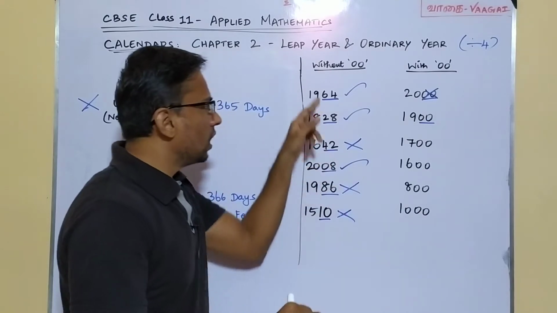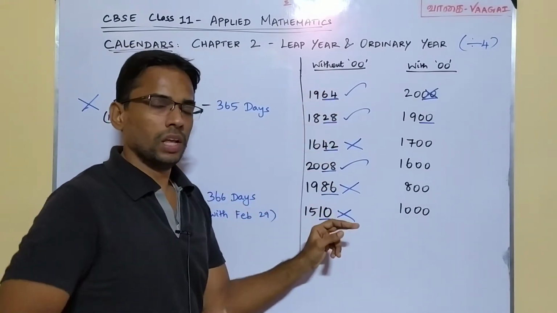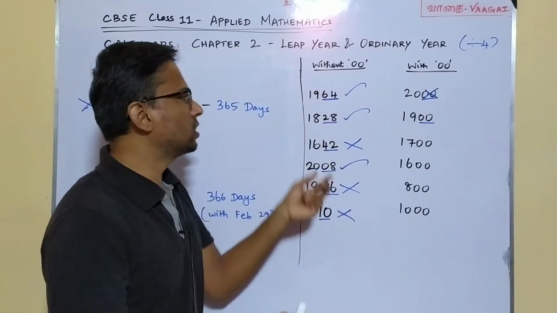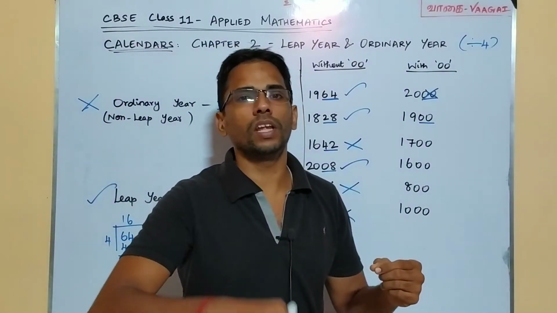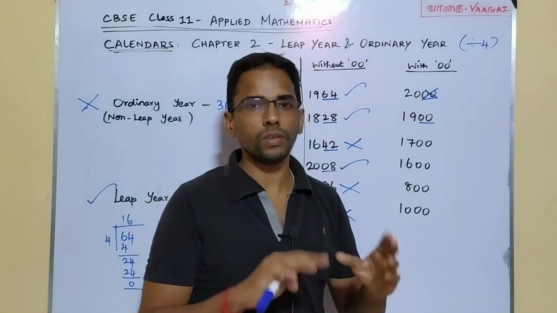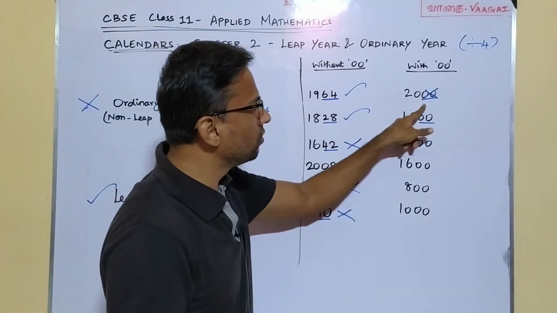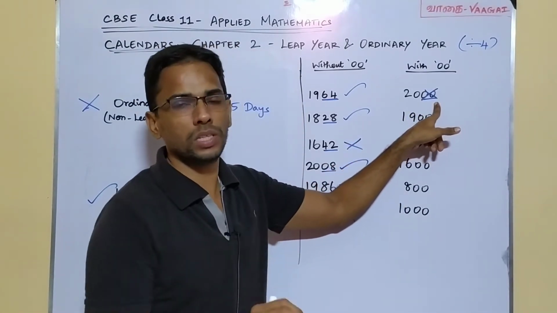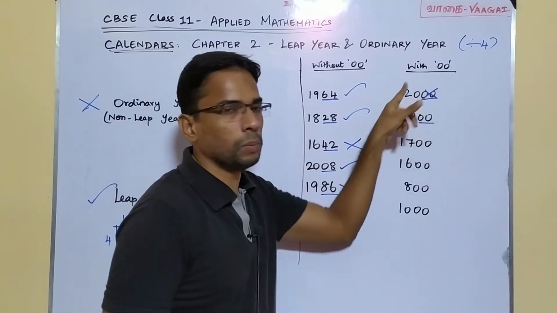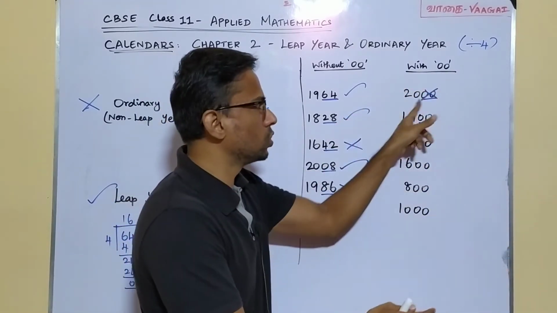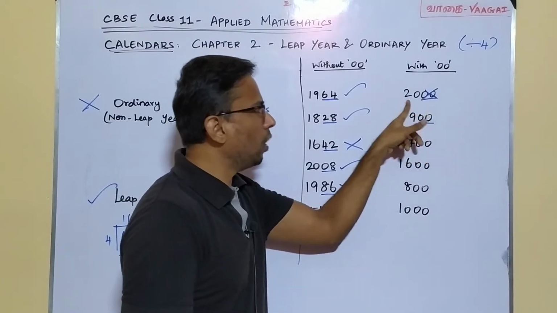If your year is not ending with double zeros, then just go see the last two places itself. Pick those last two places and check whether it is divisible by 4. But if you get a year which is going to end with double zeros, then just strike out those two zeros and see what else you have there.